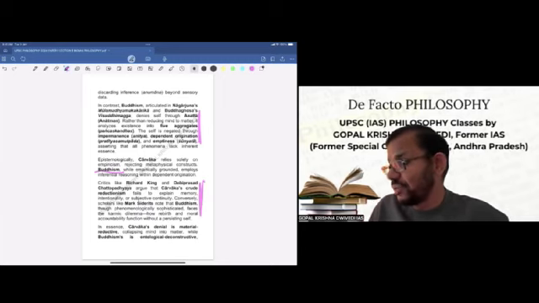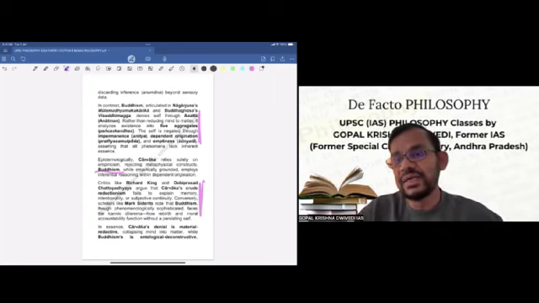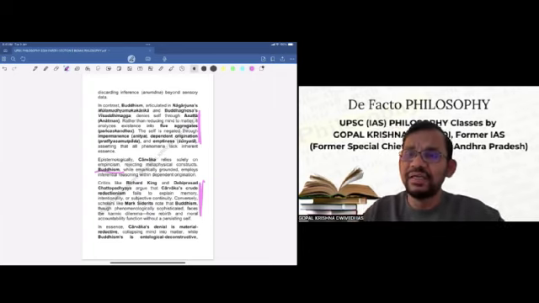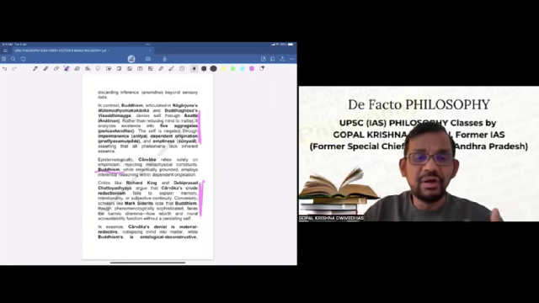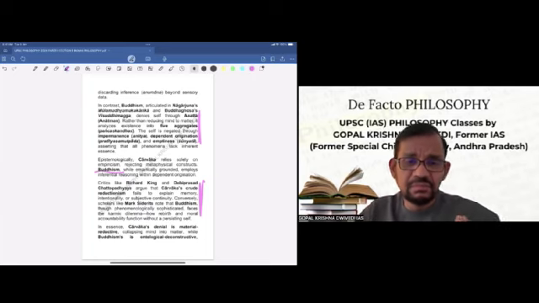So this is the criticism of both philosophical systems. Charvak, on the one hand, is a very crude reductionism. Buddhism is philosophically a little more sophisticated, but still they also have the problem of rebirth, karma, and moral accountability.